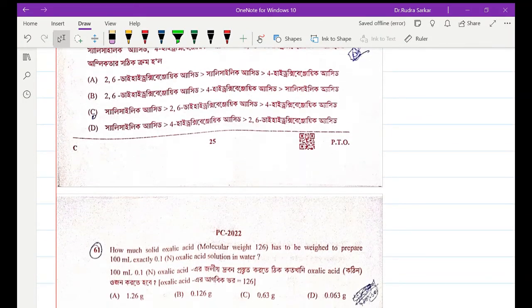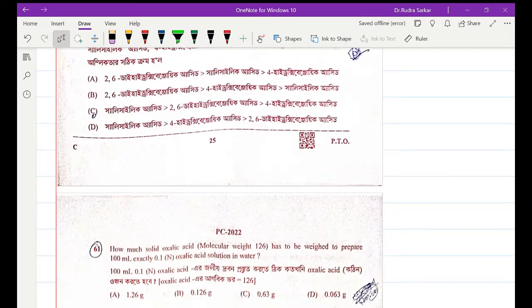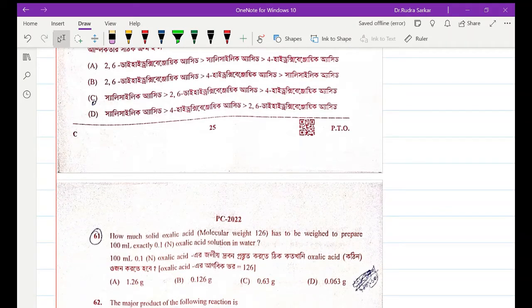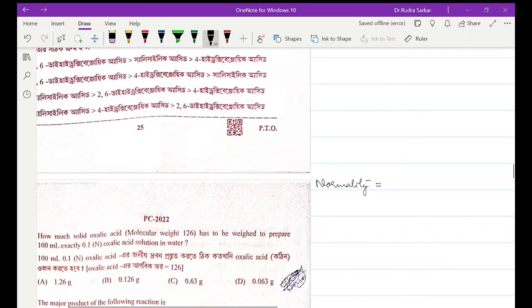How much solid oxalic acid, in question number 61, has to be weighed to prepare exactly 100 ml of 0.1 normal oxalic acid solution in water. Now we know that normality is molarity into n factor.